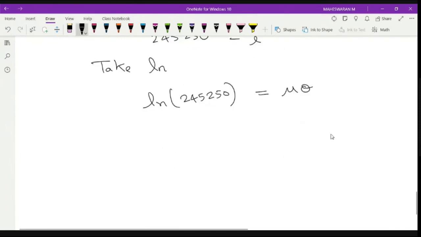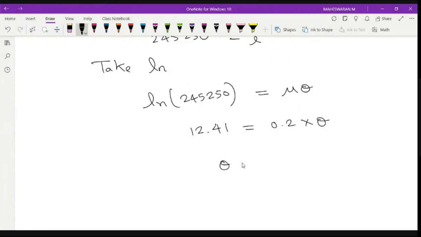So let me take ln of 245250. We're getting 12.41, which is equal to mu, which is 0.2, into theta.